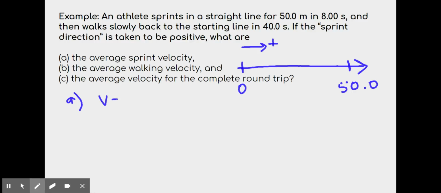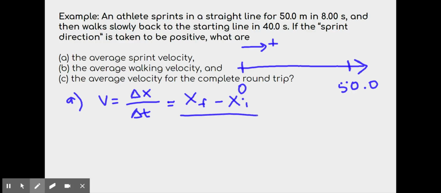Well, let's first just write down that to calculate velocity, we look at displacement divided by time. And to find delta x or delta t, we're going to do a little subtraction. So it's the final position minus the initial position over the final time minus the initial time.